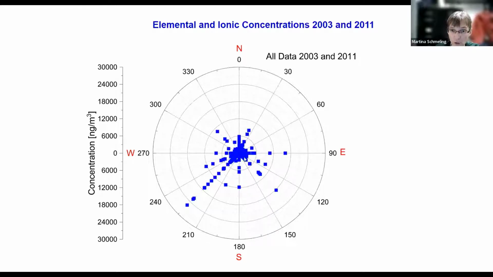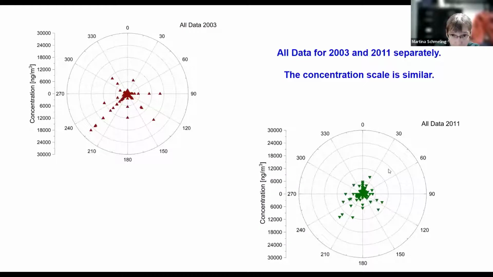However, what is also noticeable is that the concentrations of any of the species are typically higher when the winds come from southerly directions, when we take basically half this sphere and go from east and west to the south. So the concentrations are substantially higher than to the north, which obviously is not a big surprise because most of the sources are to the south and the west.